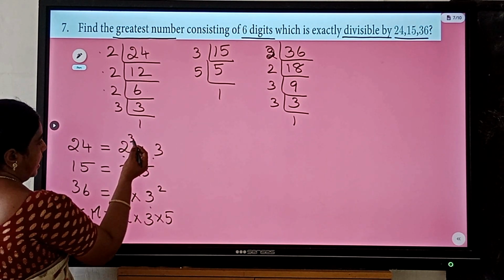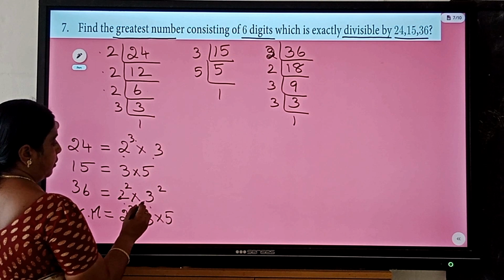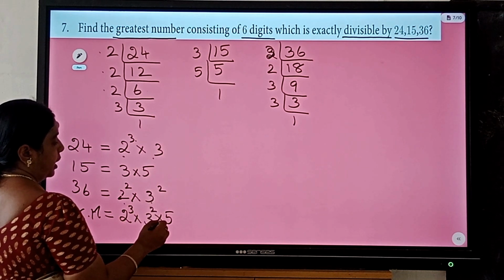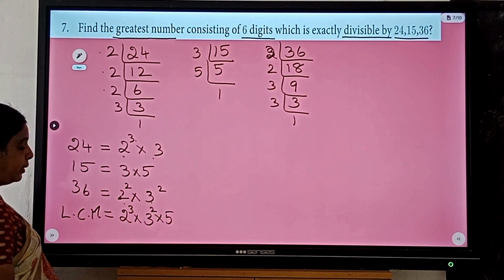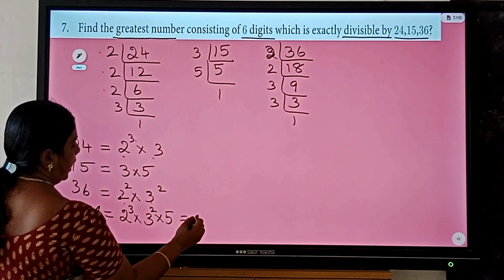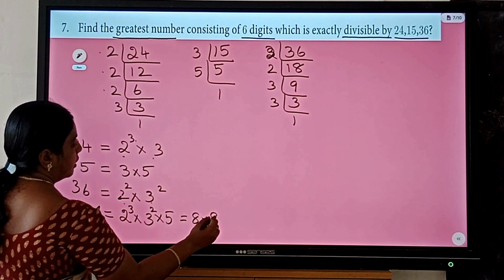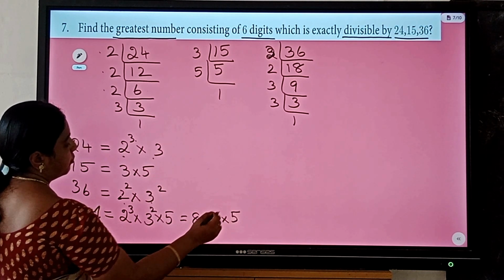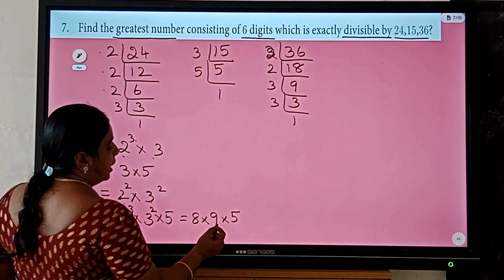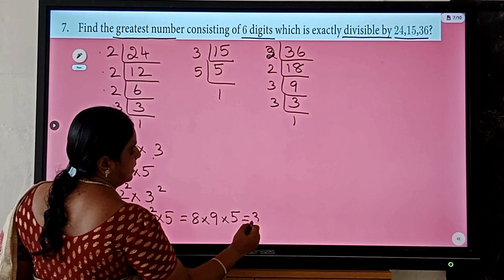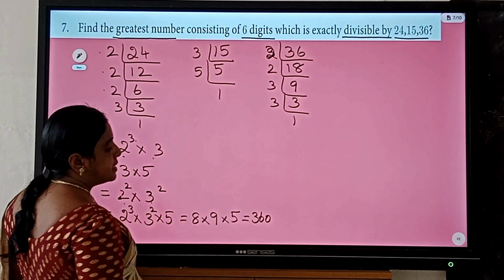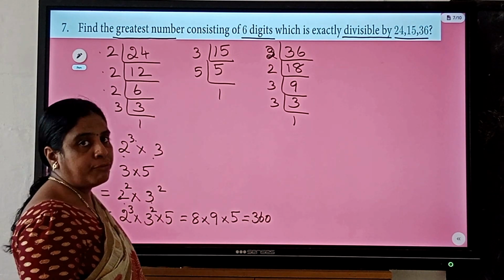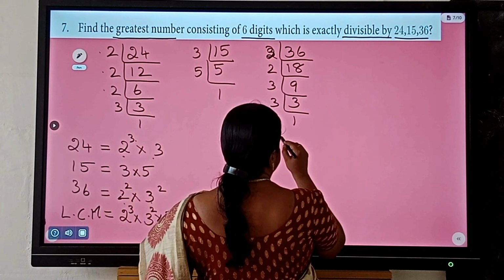So for 2, which is the highest power? Cube. For 3, it is 2. And for 5, it is 1. So 2 cube, 8, into 3 square, which is 9, into 5. When you multiply, you will get 360.